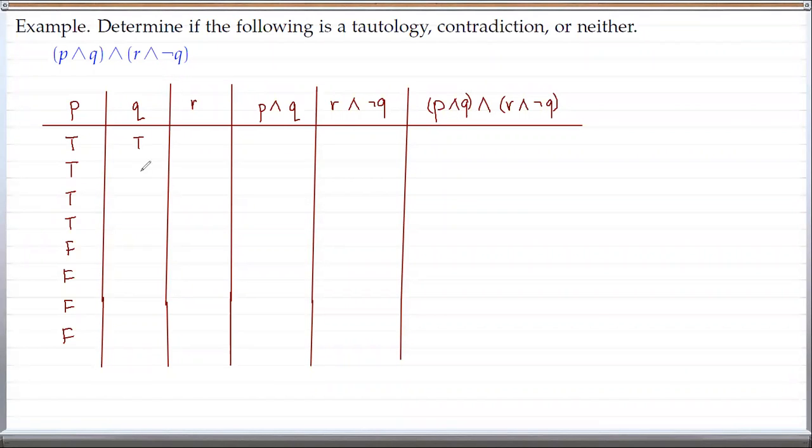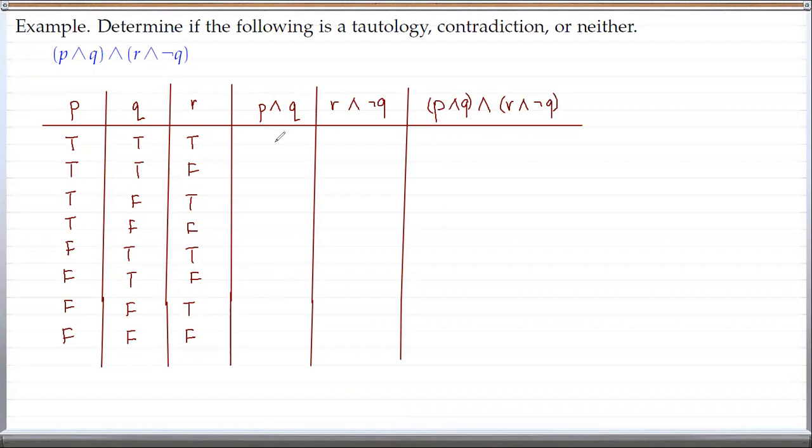This way we get all the possible combinations of truth values of P, Q, and R. Now let's find P and Q.